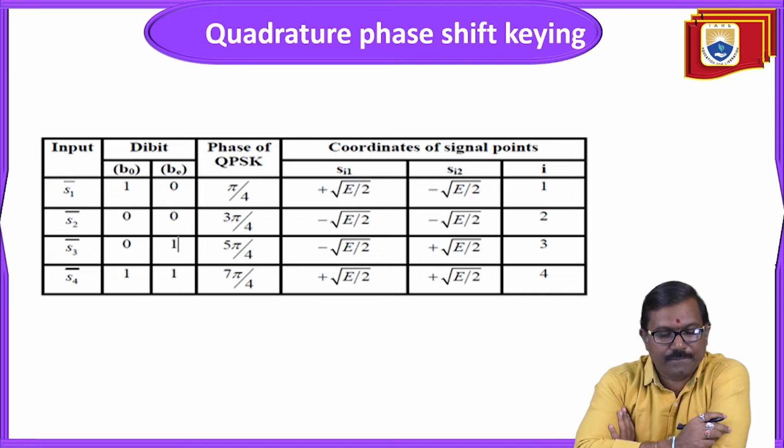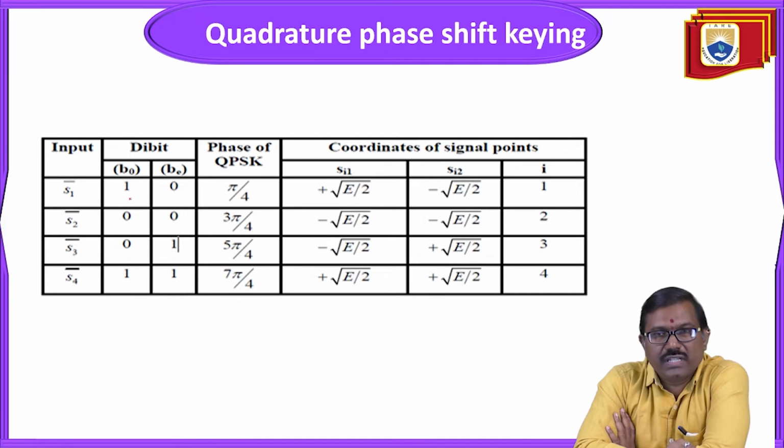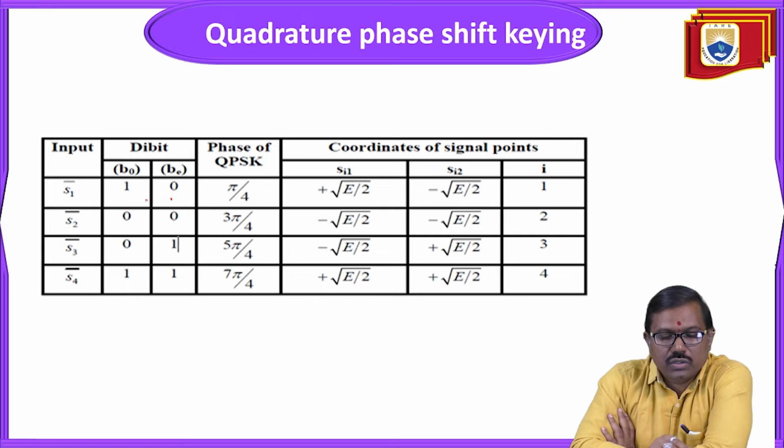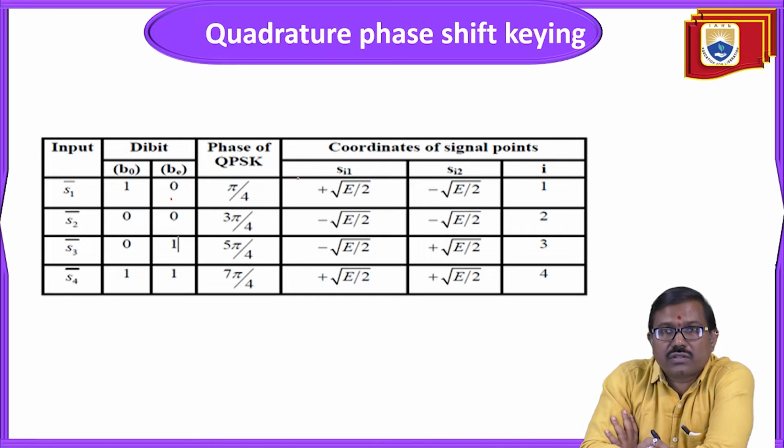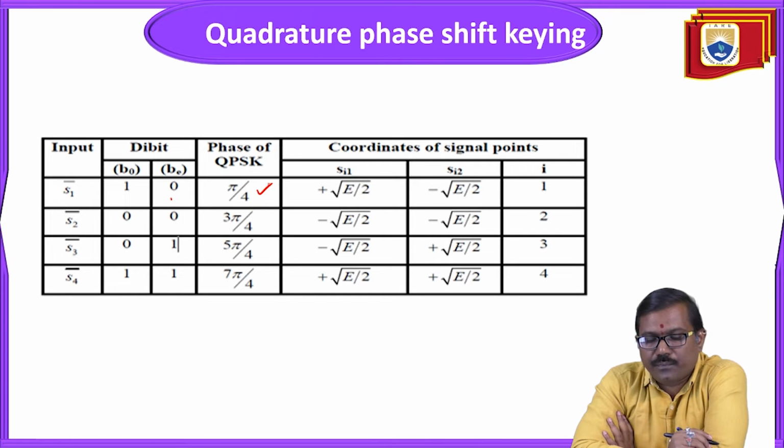So here you can see the first dibit is 1 0. Here the phase of QPSK is pi by 4, and the coordinates of the signal are root of E by 2 and minus root of E by 2, where the i value is 1.